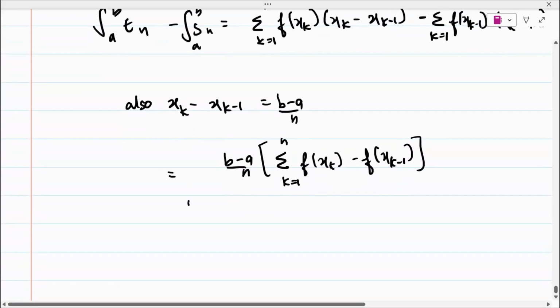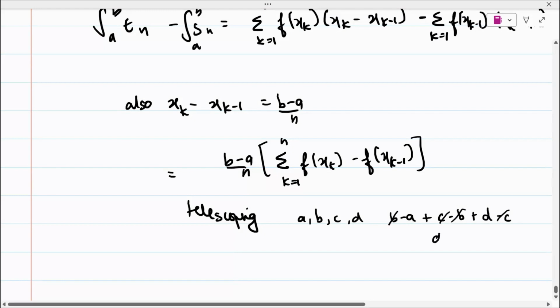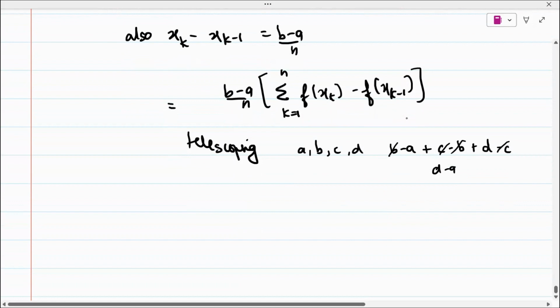Then you use the telescoping property. You know that, right? A, B, C: if you write B minus A, C minus B, then B cancels, C cancels, and you get the last term minus A. That's basically the telescoping property.